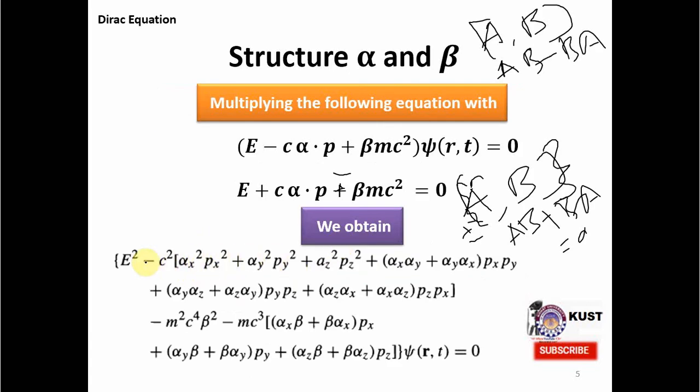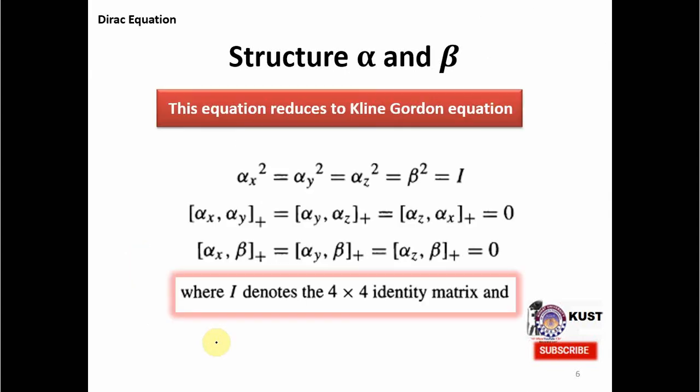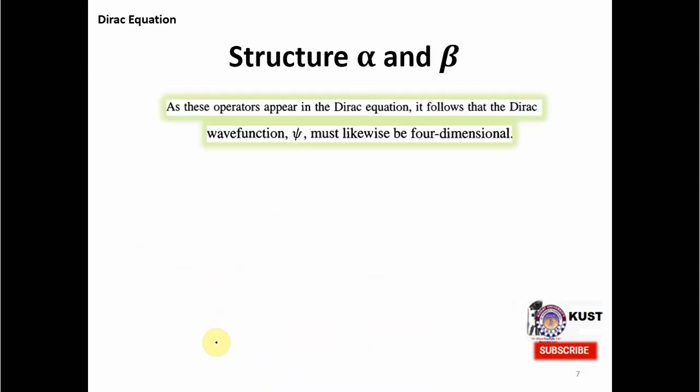So we will get E square minus c square px square minus py square minus pz square, and since this is 0, the rest of the terms will go away except this term, which will be equal to identity, and we get exactly the Klein-Gordon equation. So in this limit we get the Klein-Gordon equation.